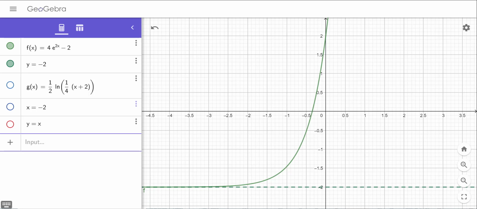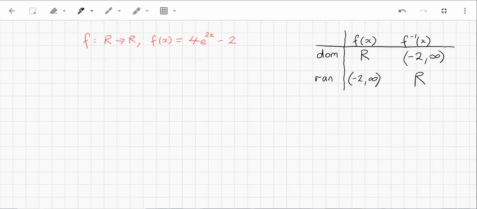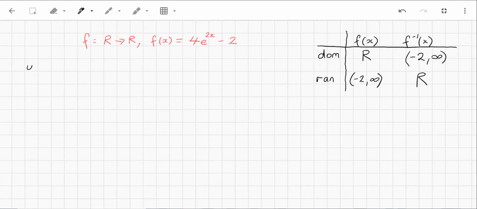And it also passes the horizontal line test. So any horizontal line I was to draw on the axes hits the graph at most once. So the conclusion of those tests is that this function is one-to-one and its inverse exists. Okay, so let's find the y-intercept. For the y-intercept, I let x equal to 0.